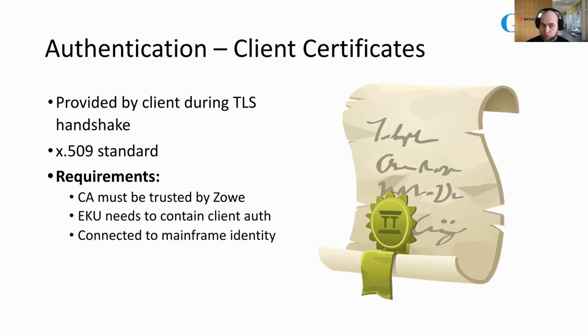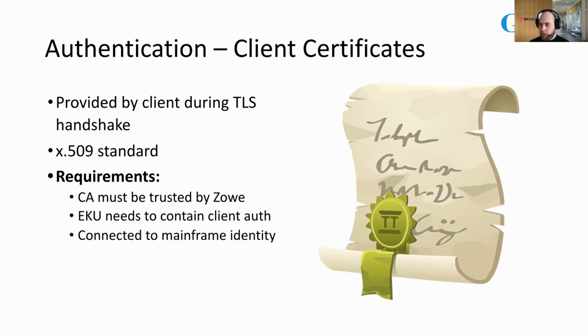There are a few important things around certificates that are either used directly by the API mediation layer or that are to be used in authentication. So first, the certificate authority needs to be trusted by Zowe. And second, the extended key usage, which is information that's part of the certificate, either has to be empty or it has to contain the information about client authentication so that the certificate could be used for client authentication.